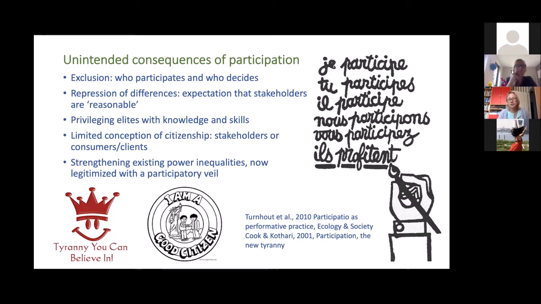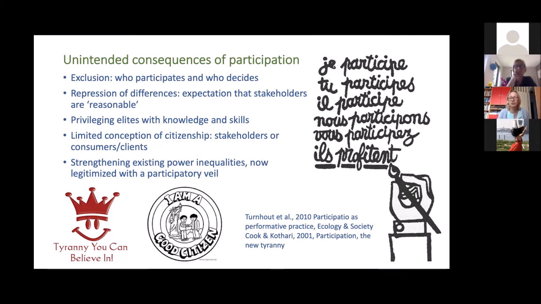So what these studies show to some extent is actually that a participatory process strengthens the existing power inequalities that the participatory process paradoxically was meant to solve. But now the situation is arguably even worse because the outcomes have been legitimized with the participatory veil.